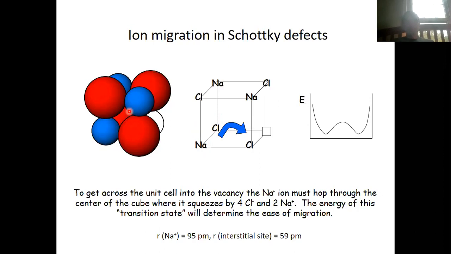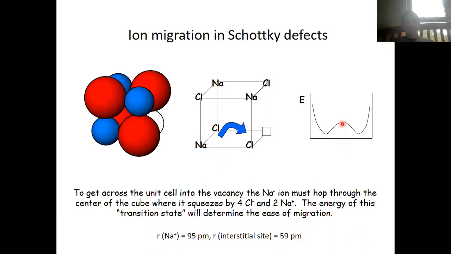Now that space inside of the cube represents also an interstitial site, and it's actually smaller than the radius of the sodium plus ion. So the radius of the sodium plus ion is 95 picometers. So the space inside of this cube here is only 59 picometers.